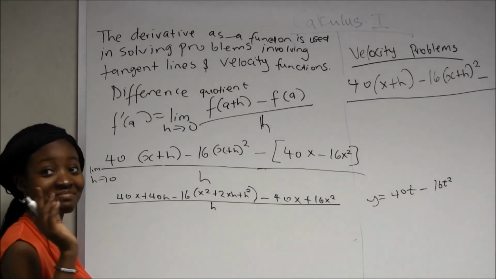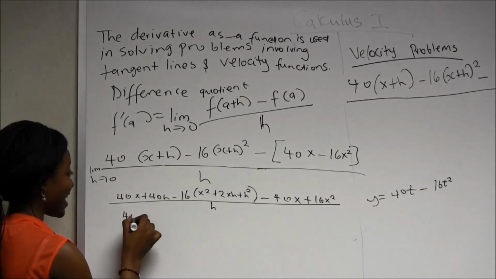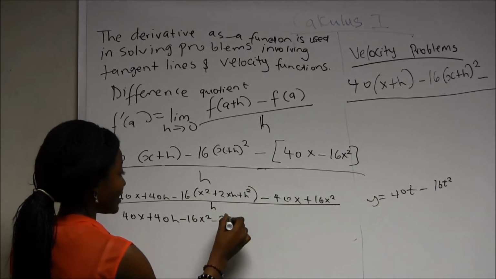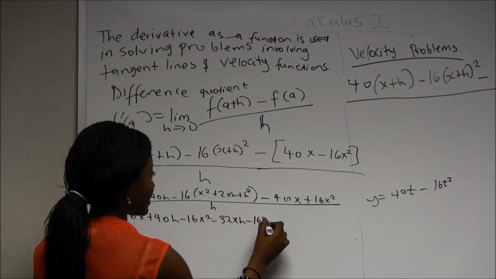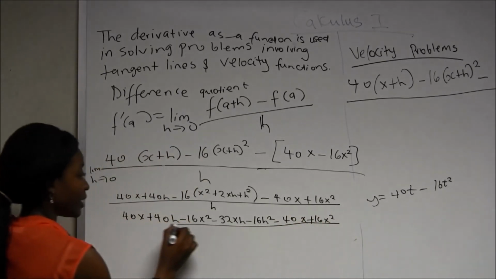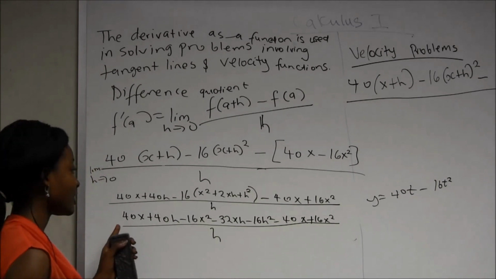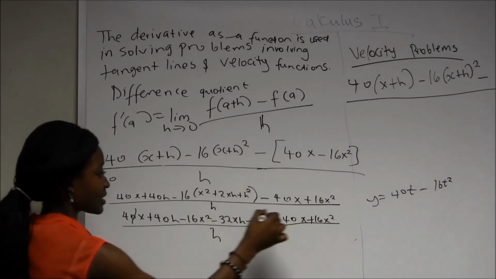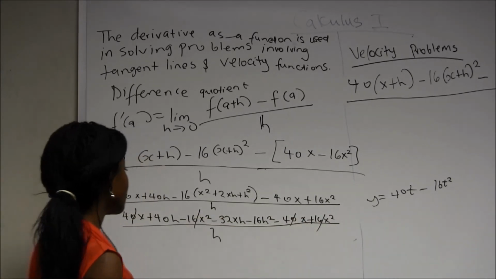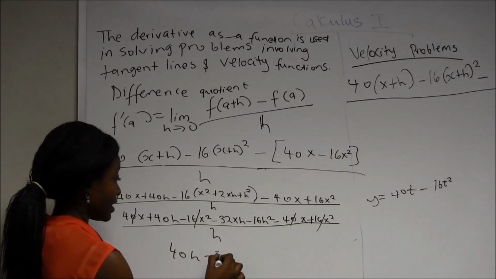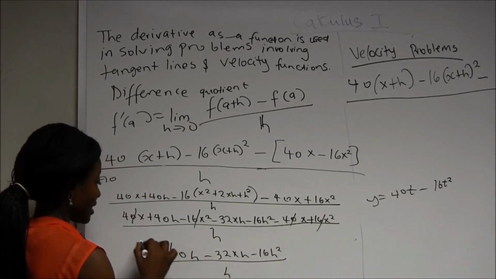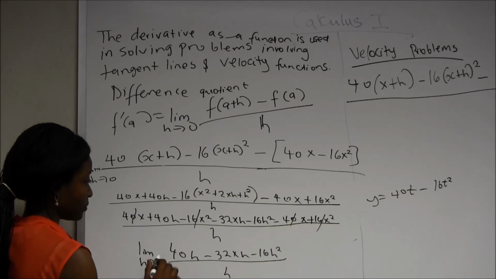So I'm going to have 40x plus 40h, negative 16x squared, negative 32xh, negative 16h squared, negative 40x plus 16x squared divided by h. The next thing I'm going to do here is to cancel out my like terms. So 40x cancels out, 16x squared cancels out this, and that seems to be it. So I have 40h, negative 32xh, negative 16h squared, all divided by h as the limit of h approaches 0.